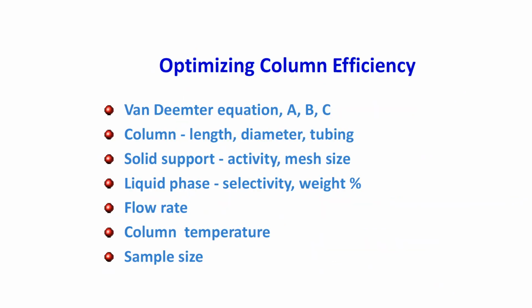So how do you make sure you get a narrow peak and also a resolved peak? We want narrow and resolved. So you have to take into account the Van Deemter equation, which takes into consideration the flow rate, the diffusion and the column length.